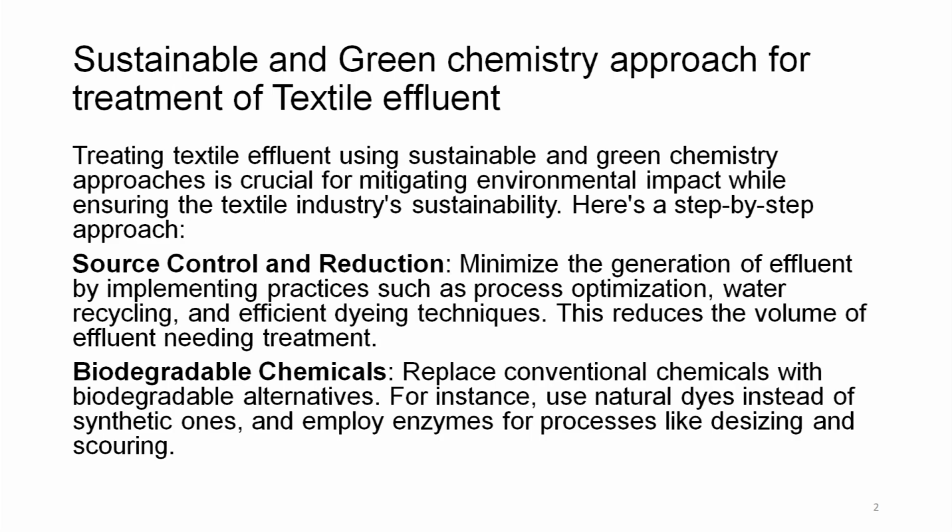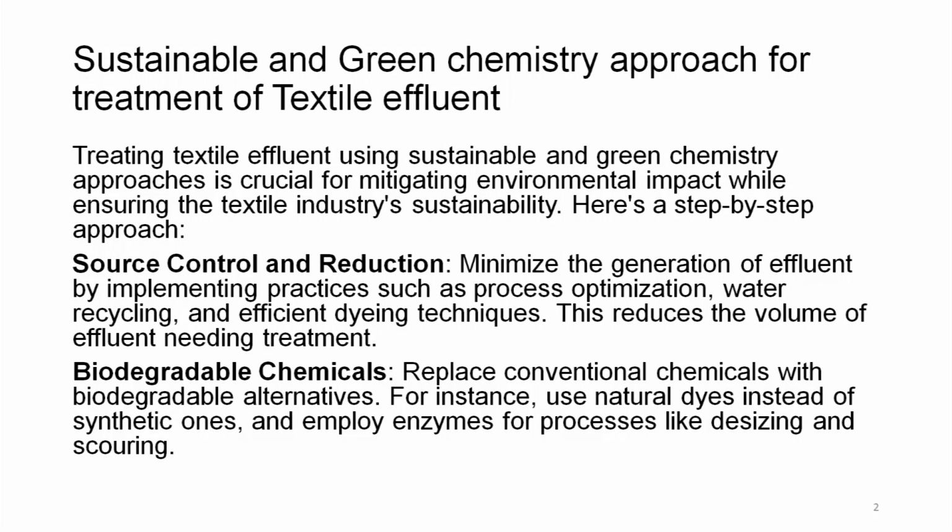So, at source itself, we need to cut down any kind of excess use of chemical or water, and that is particularly so because if we have less of effluent, we have less of problem to solve the mitigation problem of the textile effluent.